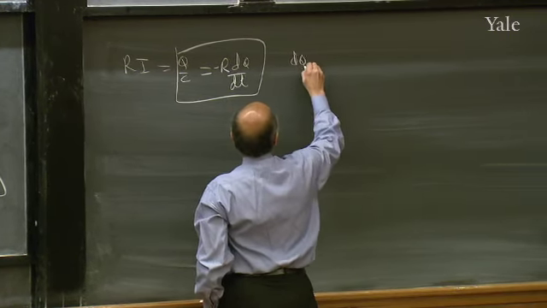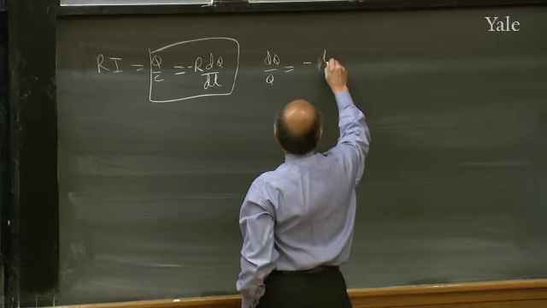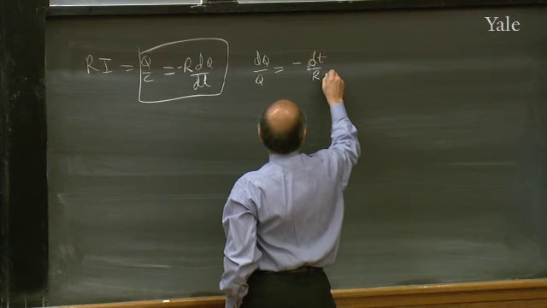That can be written as dQ over Q is equal to minus dt over RC.